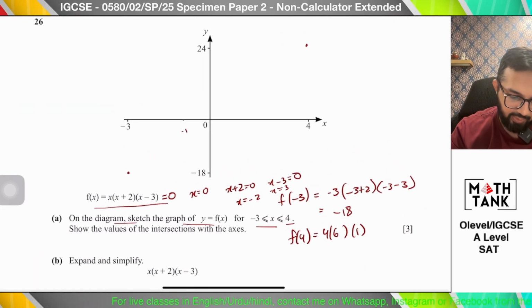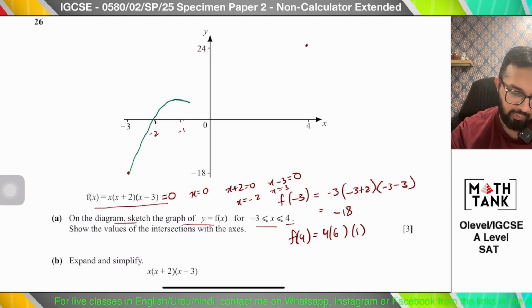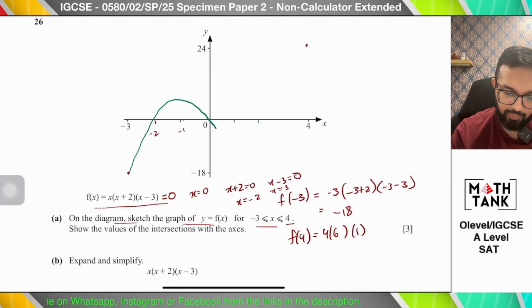So -1, I think that should work. -1, -2, and -3. So the graph is going to come like that, turn somewhere, and then 0, and then again at 3, I think. 1, 2, 3.